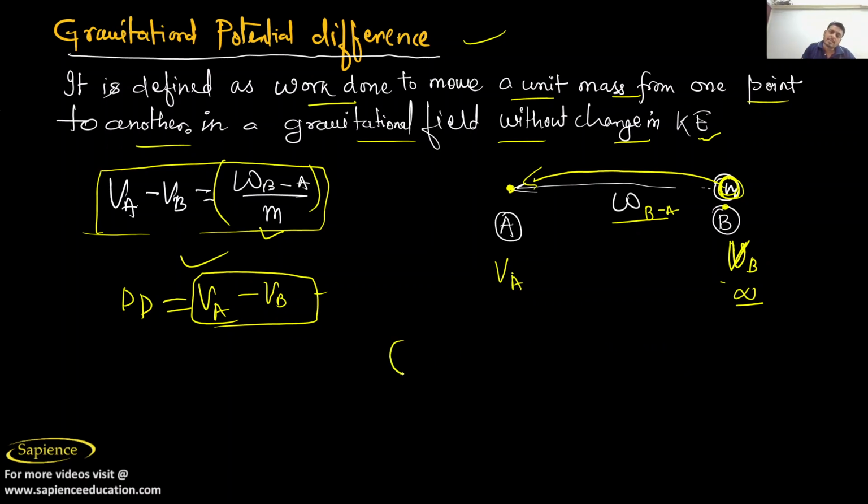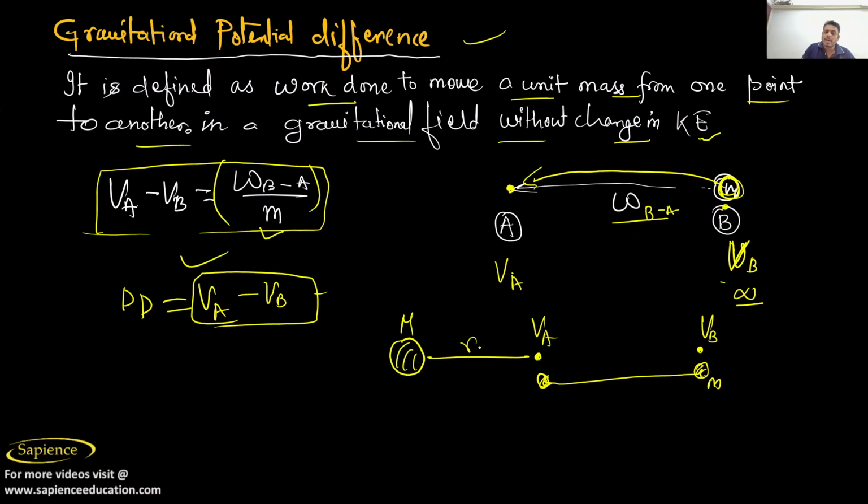For example, there is a body of mass m, and due to this mass there is a potential, called VA, and there is another potential which is called VB. Whenever I take this small mass to this place, I have to do work. Then the work done per unit mass is known as the potential difference between these two points.